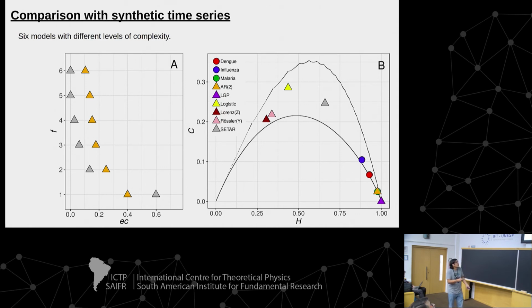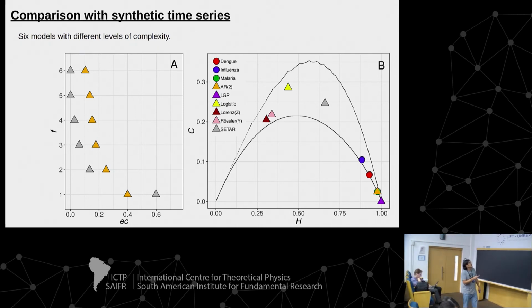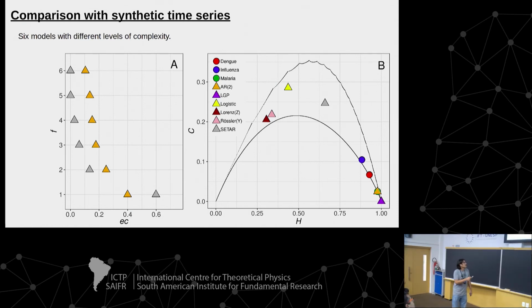In order to compare, we built this same plane of fluctuations and eigenvector centrality. And in this case, we just ended up with the two dynamics that most resemble the time series that we were using. In this case it was an autoregressive model and also a setter model, and we could talk about the specifics of these models a little bit later.